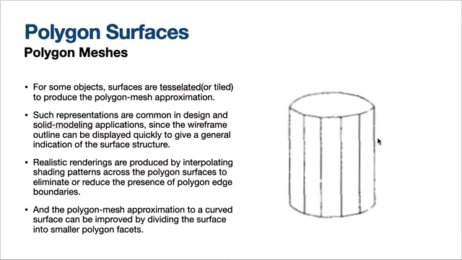Realistic rendering can be produced by interpolating shading patterns across the polygon surfaces to eliminate or reduce the presence of polygon edge boundaries. So wireframe will be easier to produce, and by shading patterns or using some surface rendering techniques, you can simply hide those polygon edges.